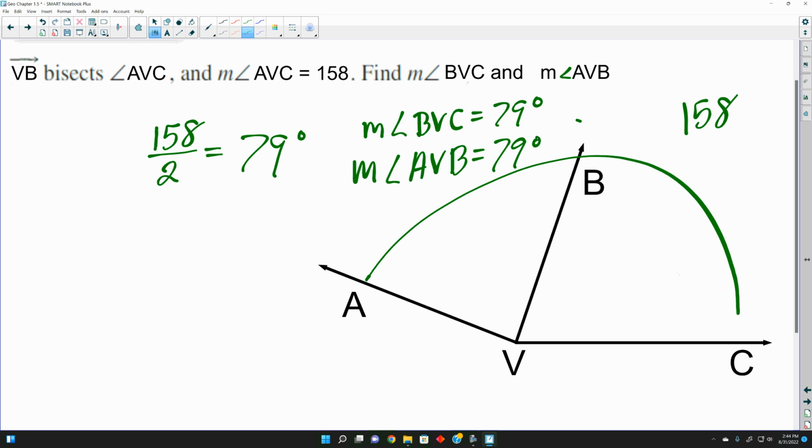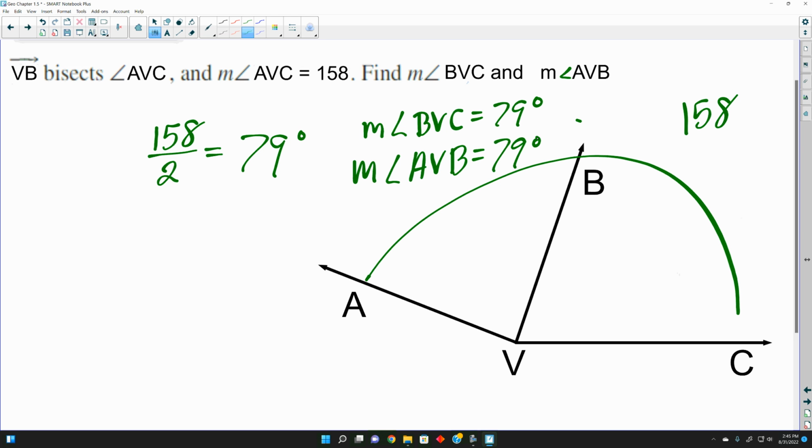One of the biggest things that I want to tell y'all, and this is going to be true on the test, is that just because it looks like it's true, or just because it looks like it should be, doesn't mean it is. So even if this looked like it was going to be cut in half, unless we're told it or we can prove it, we can't assume it. Okay?